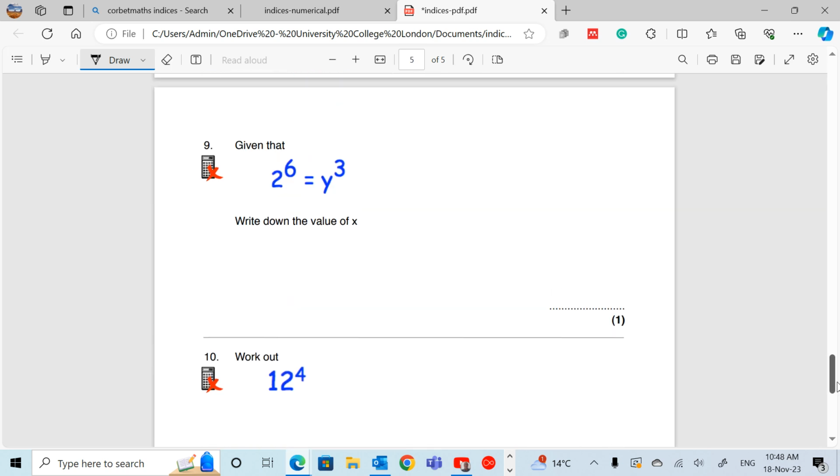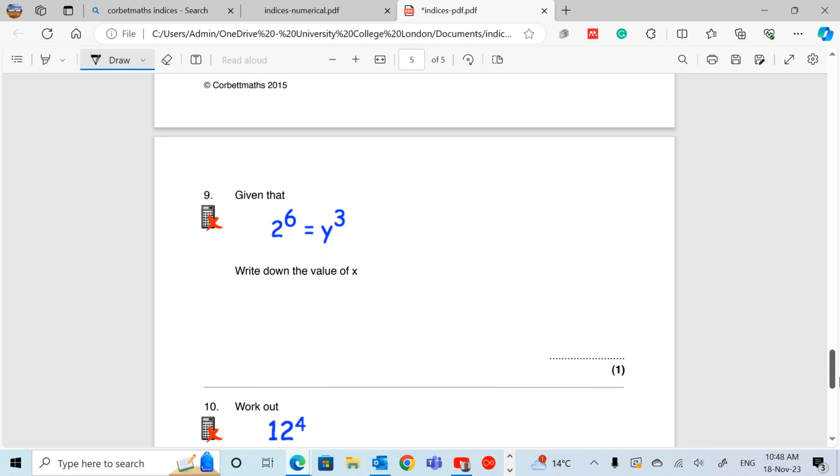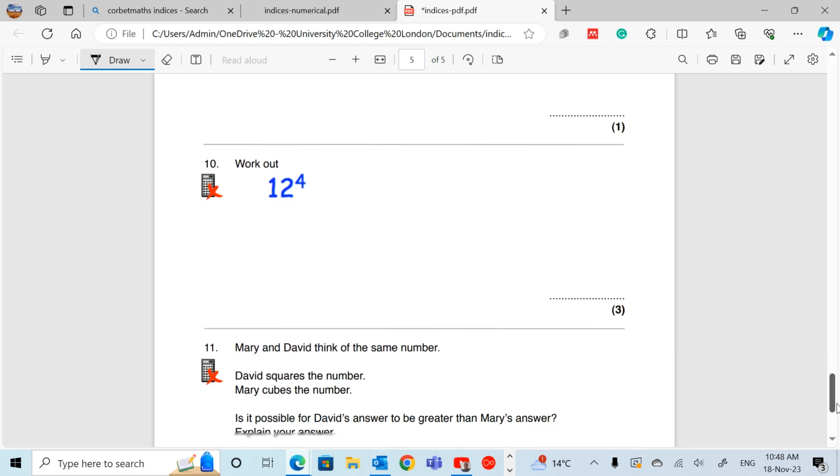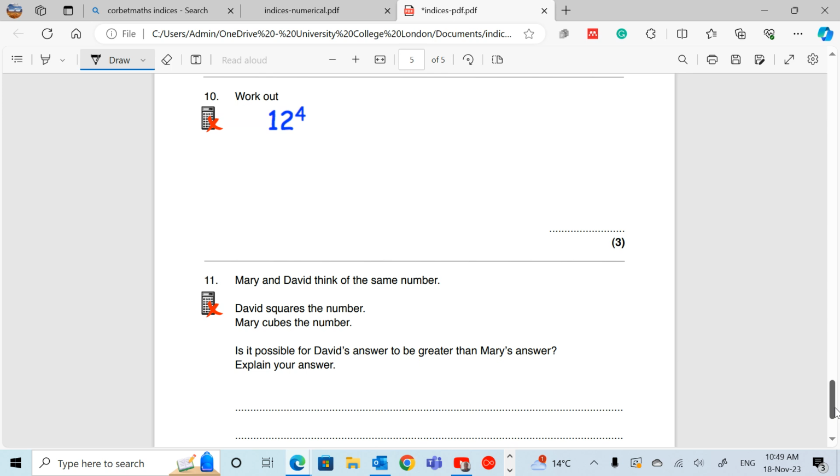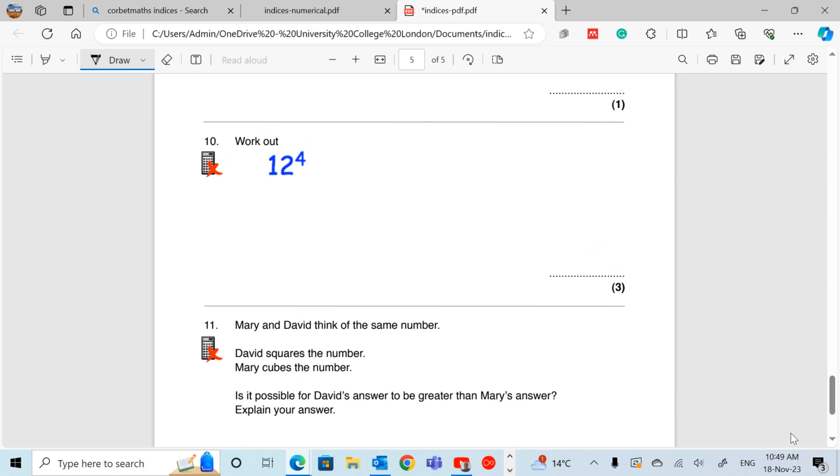And here's an interesting one. 12 to the power of 4. They could ask you this, and of course, again here you're going to have to multiply out, because that's 12 times 12 times 12 times another 12.